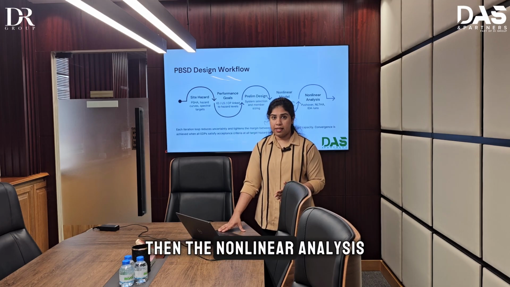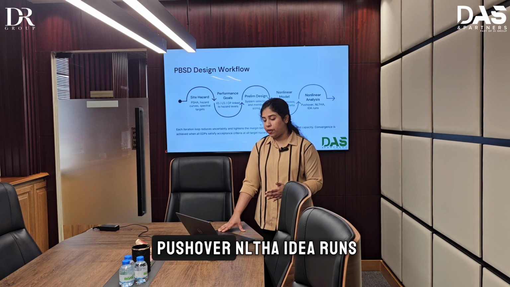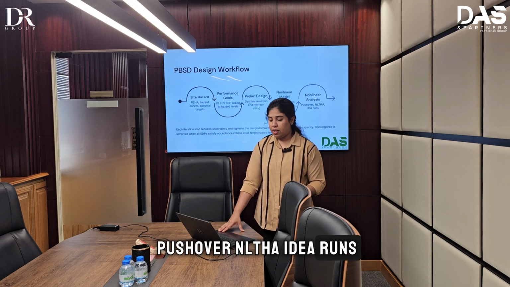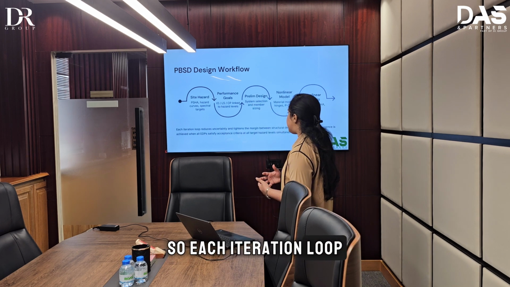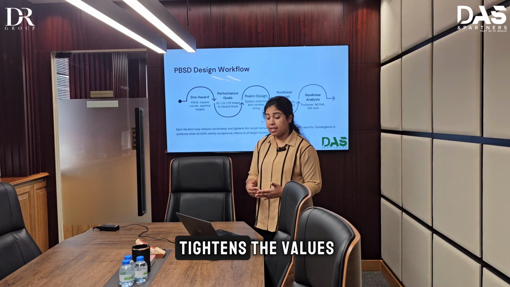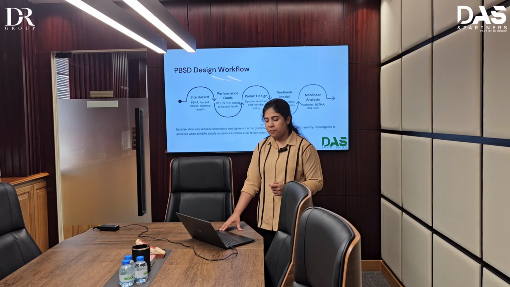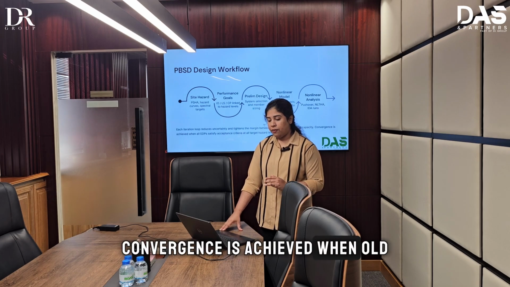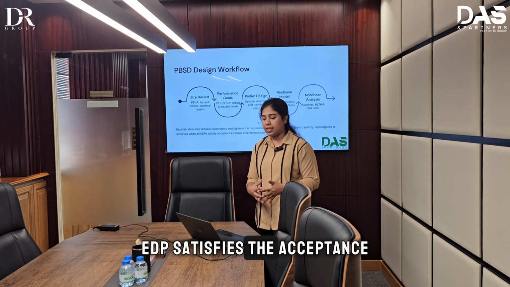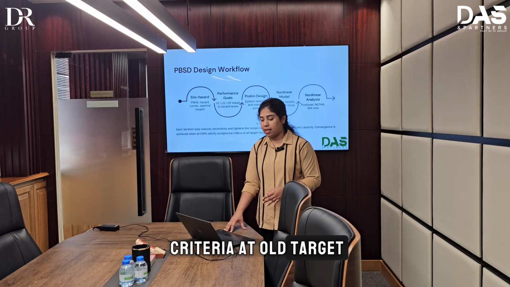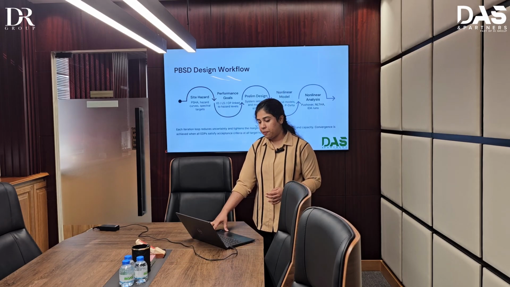Then the non-linear analysis is done with pushover, NLTHA, IDA runs. Each iteration loop reduces the uncertainty and tightens the margin between structural demand and capacity. Convergence is achieved when all EDPs satisfy the acceptance criteria at all target hazard levels simultaneously.